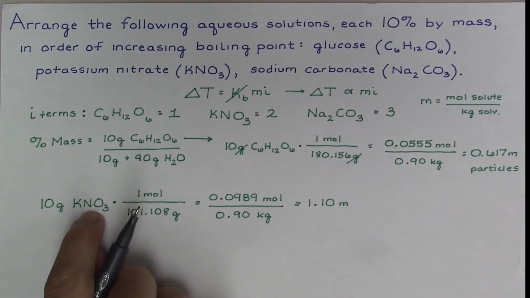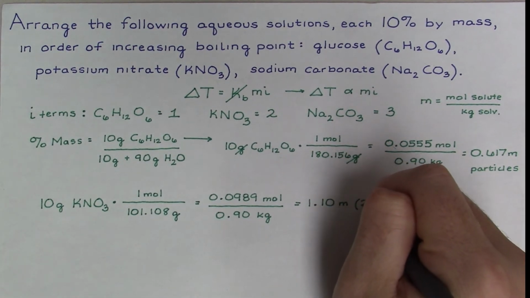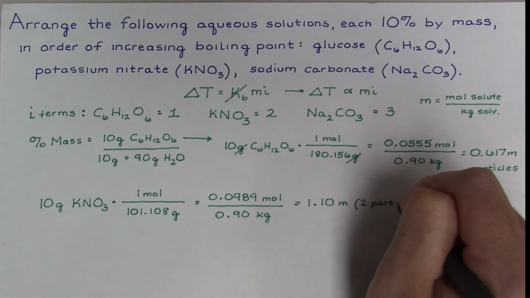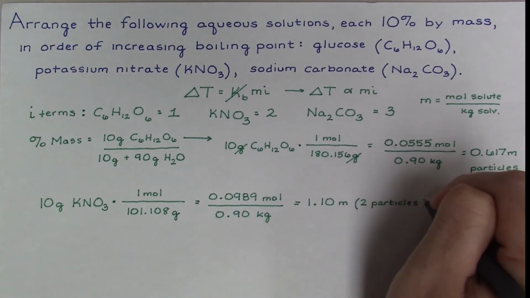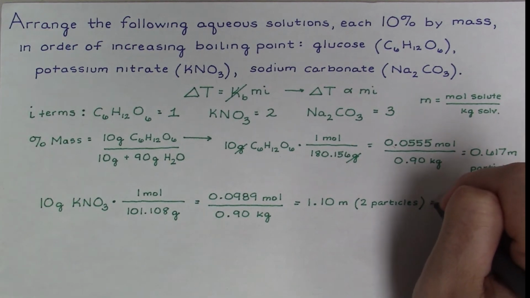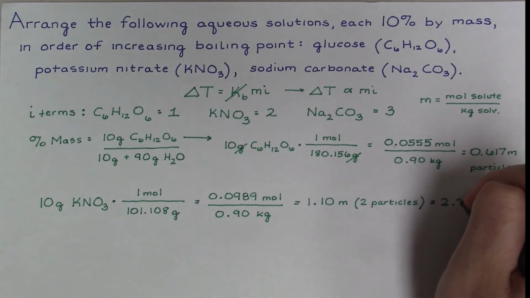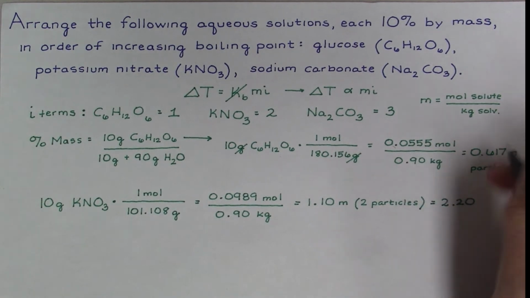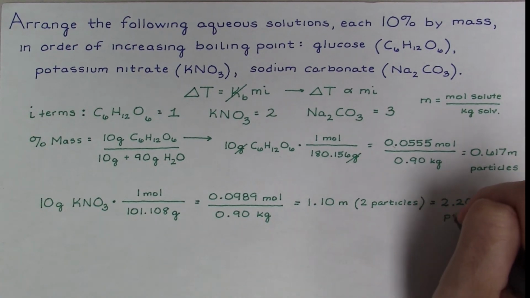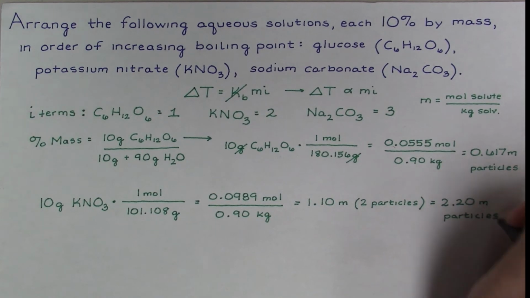But remember, this dissociates into two parts, so we must multiply it by 2 in order to get the number of particles. So if we do that, we will get a number of particles being 2.20 molal of particles. This does take into account our potassium nitrate dissociating into two parts.